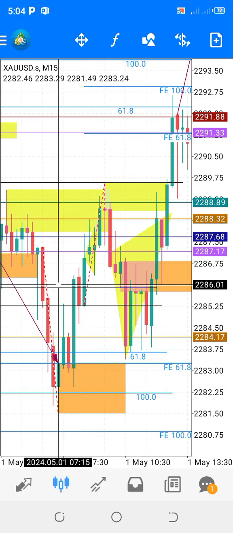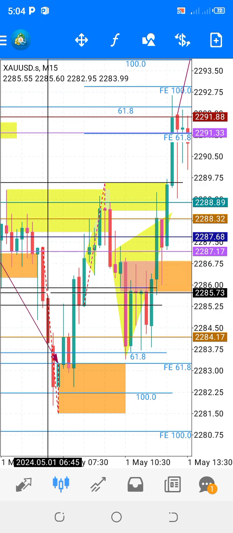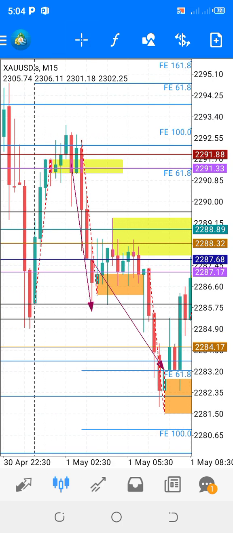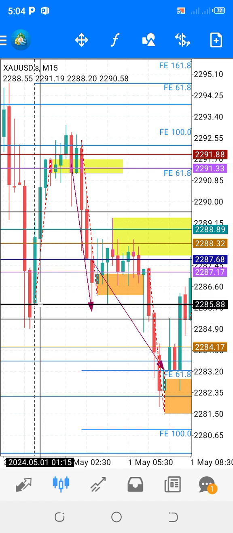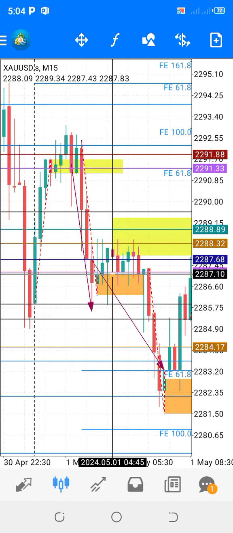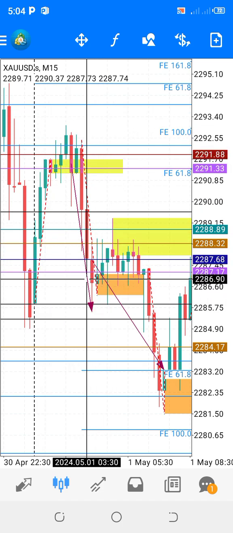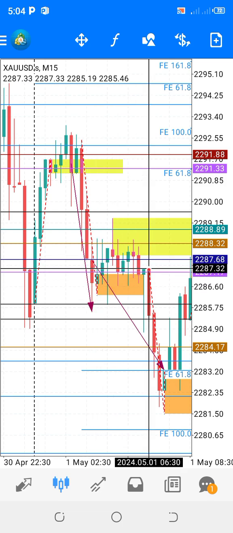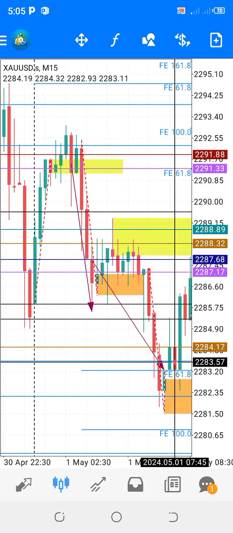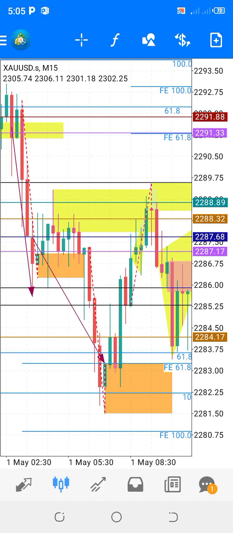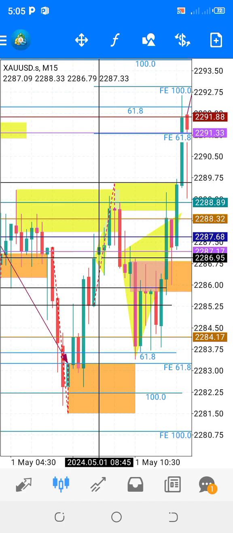So far we've only had one successful event traded for 60 pips profit, one unsuccessful event traded with 10 pips loss, and now the third event not traded. So either way is not traded.